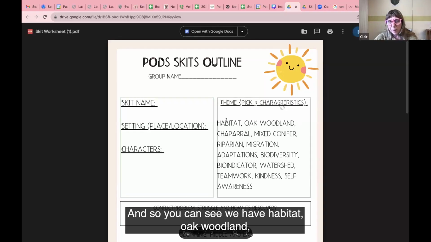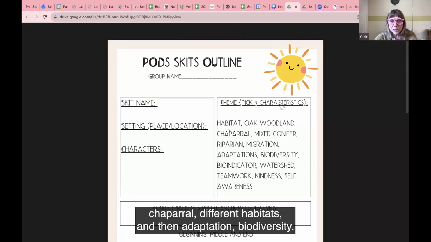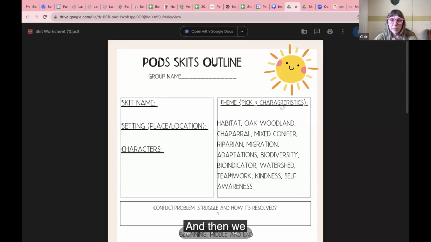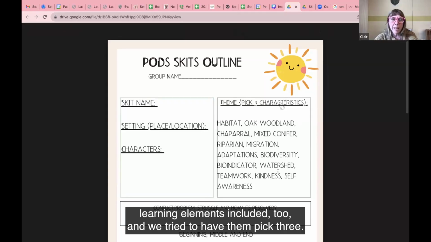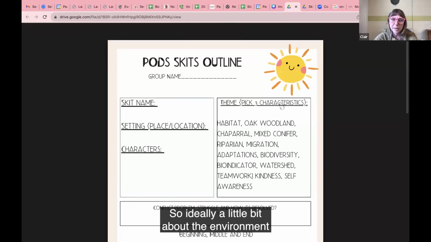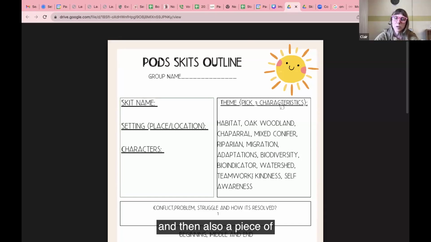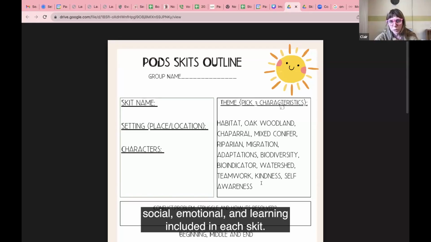You can see we have habitat, oak woodland, chaparral, different habitats, and then adaptation, biodiversity. And then we had some at the bottom, more social emotional learning elements included too. We tried to have them pick three, so ideally a little bit about the environment and then also a piece of social, emotional learning included in each skit.